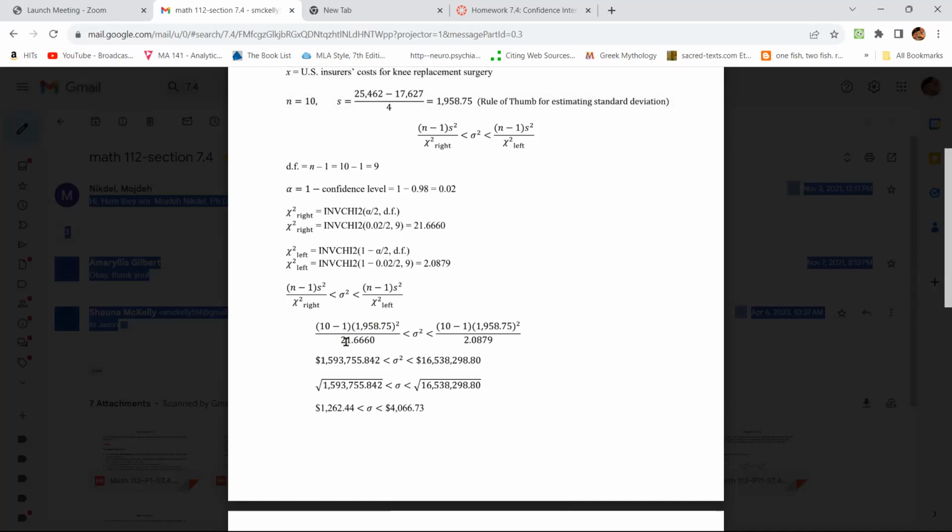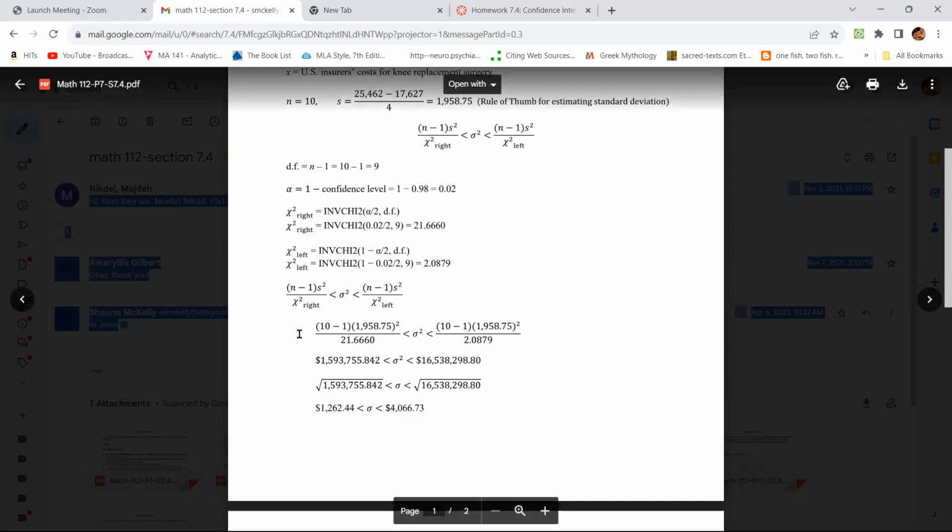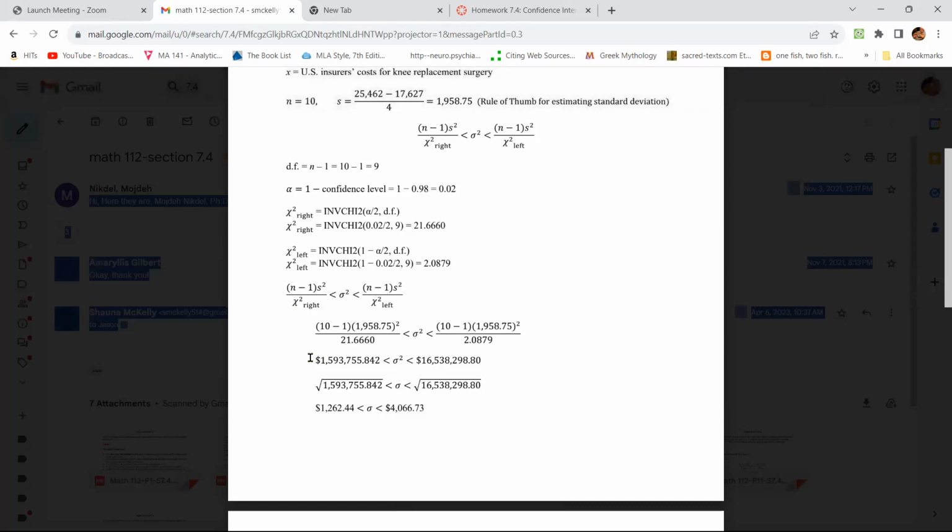And if you'll notice, she has a confidence interval here, and then that sigma squared. So that's for your variance. She square rooted it and got the standard deviation.